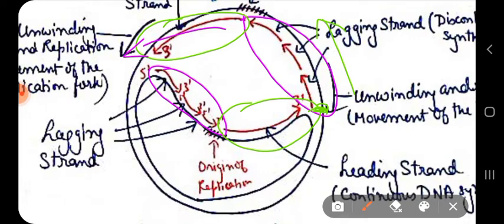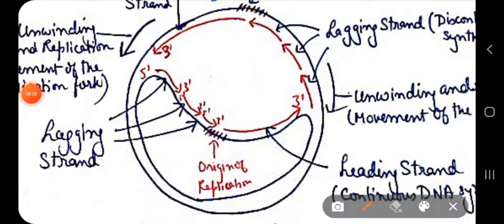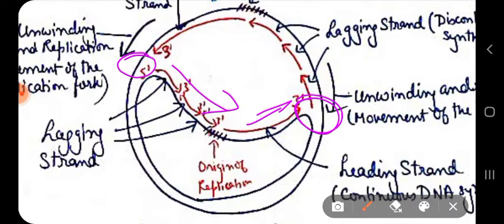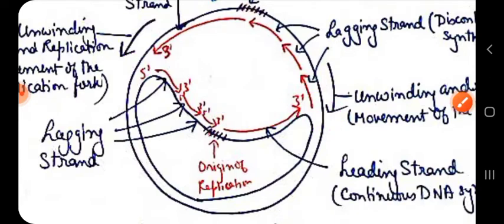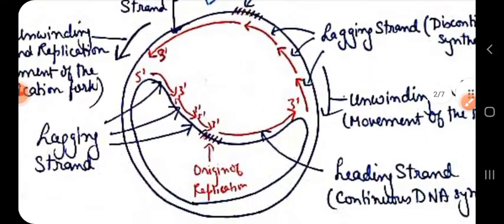Same here also, the lagging strand is moving away from the replication fork, in the opposite direction, while the leading strand is moving towards the replication fork. And that's why in the lagging strand we see Okazaki fragments, which will later be joined by the action of polymerase 1 enzyme and DNA ligase.